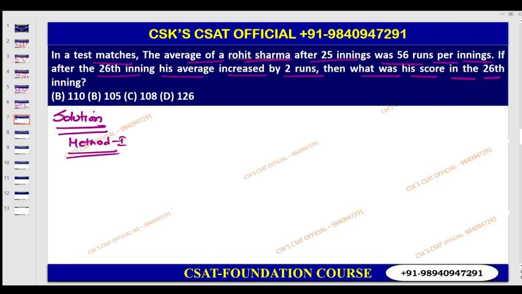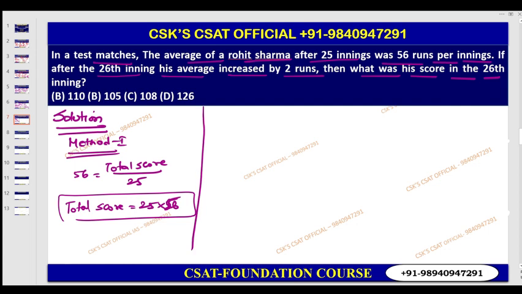The same concept. Average here is 56. So we'll see the total score with respect to those 25 innings. Procedural method: 25 into 56.